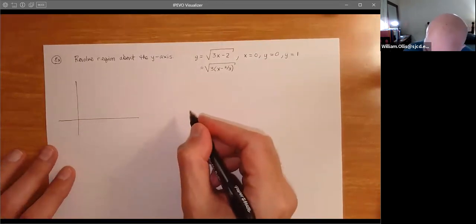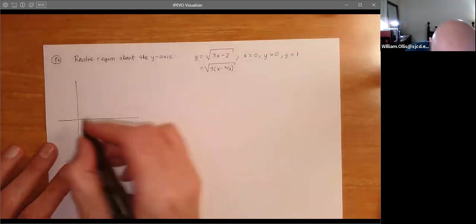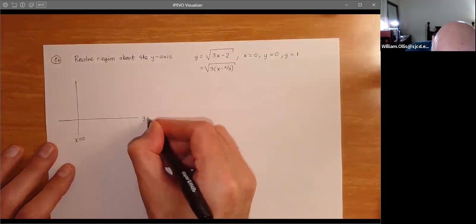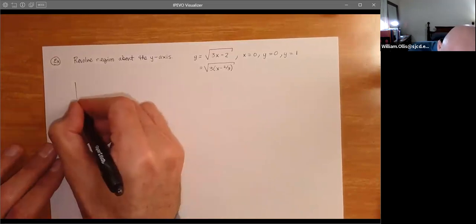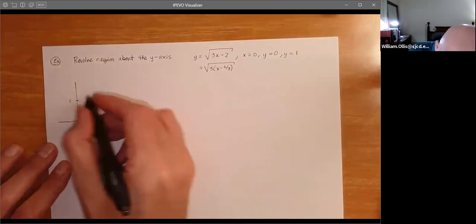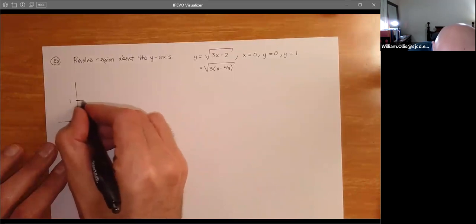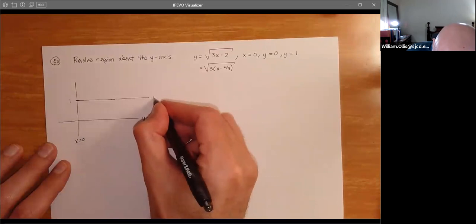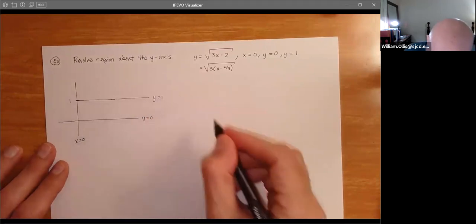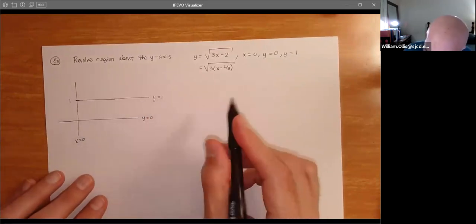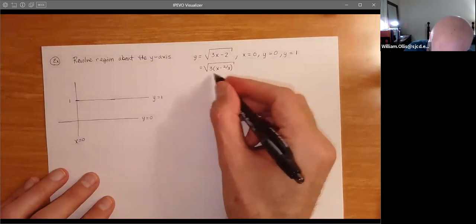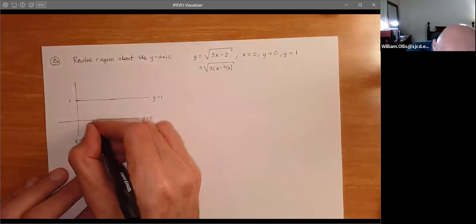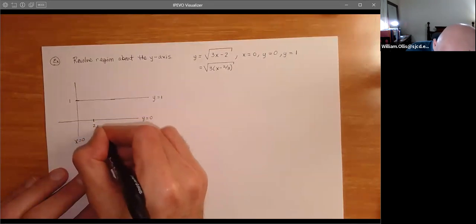Now notice, and this is interesting, we've got our x equals 0, we have y equals 0, and we've got y equals 1. I'll spread this out. So here's y equals 1. Now when we look at this, we can think, okay, where do these actually meet up? We'll have our 2/3 here.